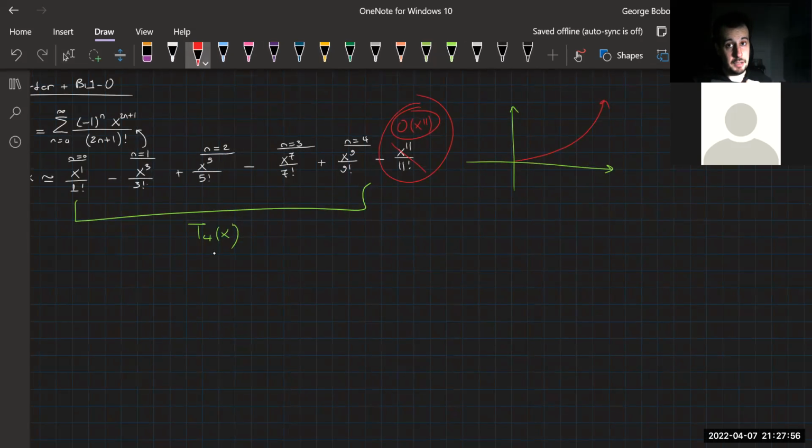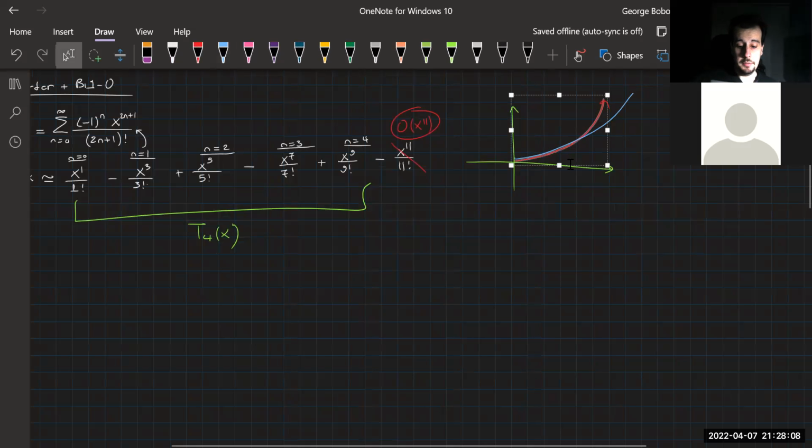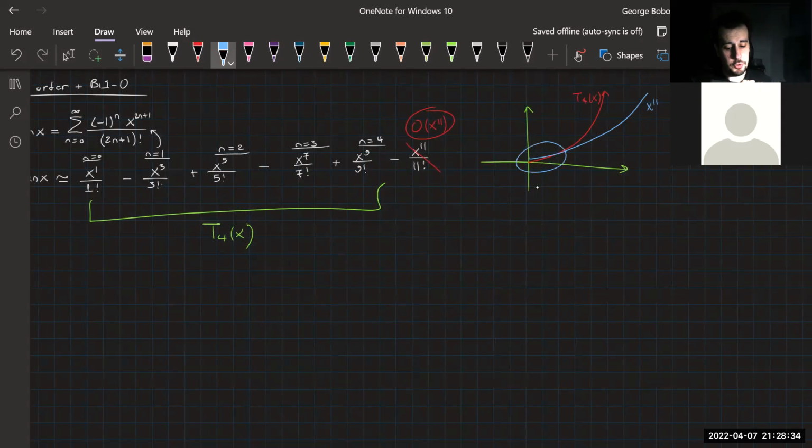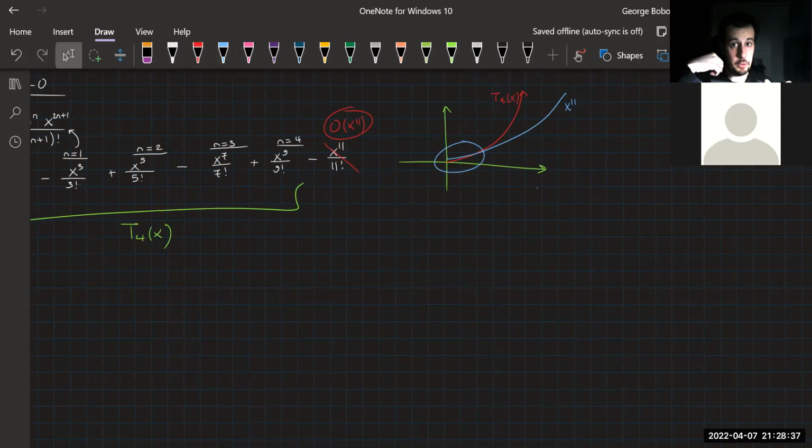The x to the 11, let me exaggerate this a little bit, is going to look something like this. When we look at t4 of x and then x to the 11, near zero you can see how x to the 11 actually bounds us right now.